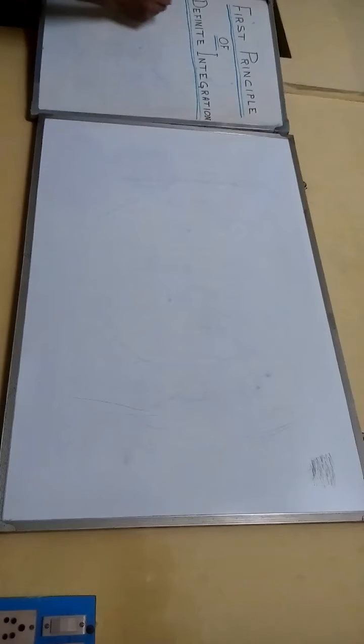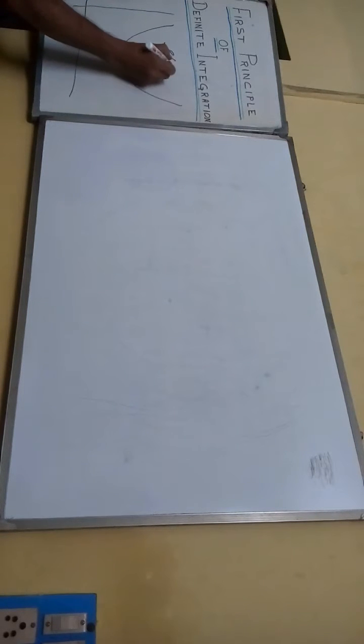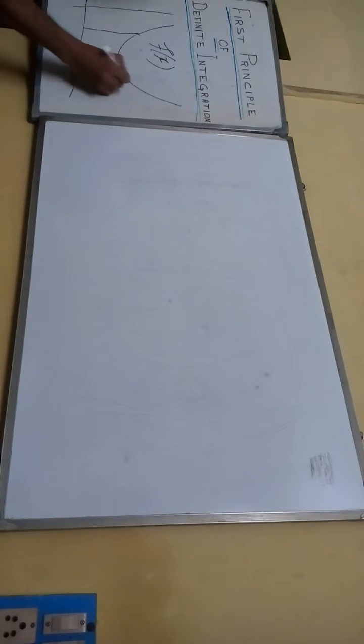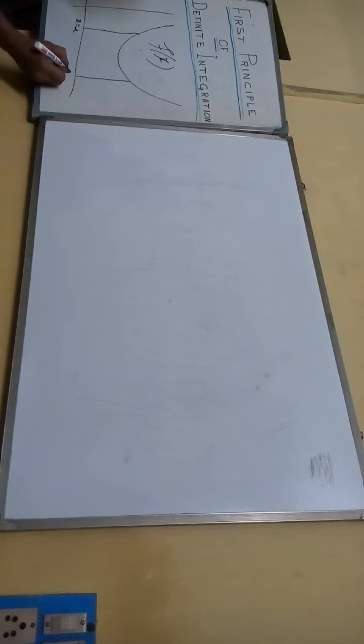Again I am repeating it like this. Suppose this is a curve of f(x). These are the two ordinates x equals a and x equals b.